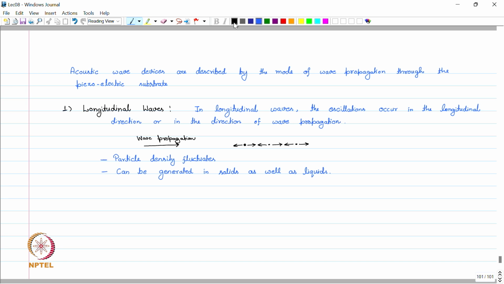So, these are longitudinal waves. The next is transverse or shear waves.